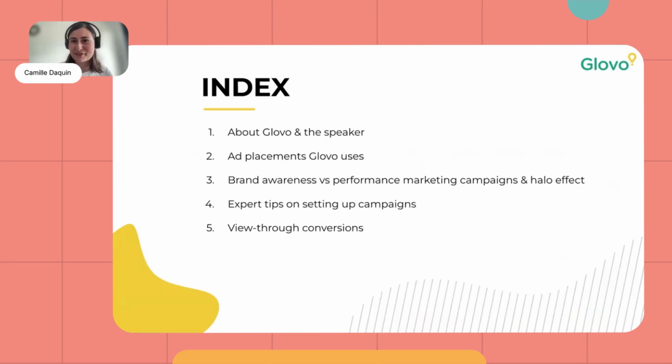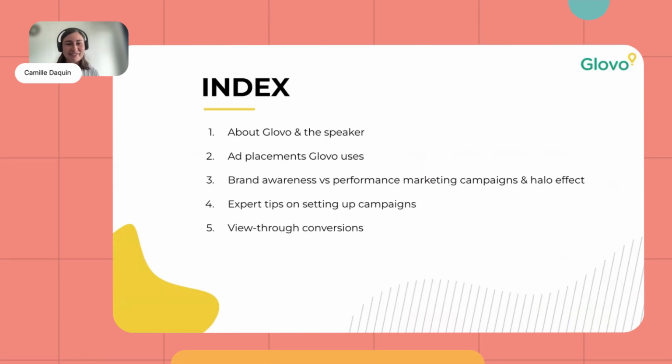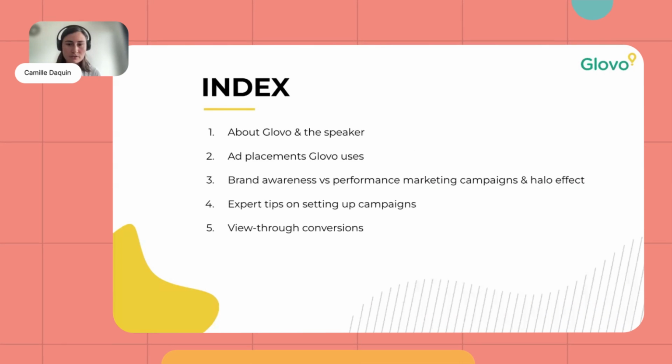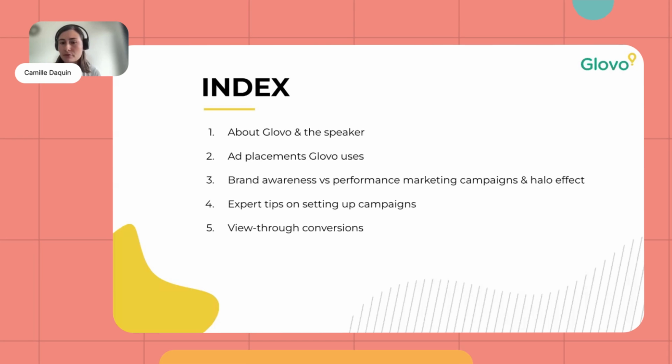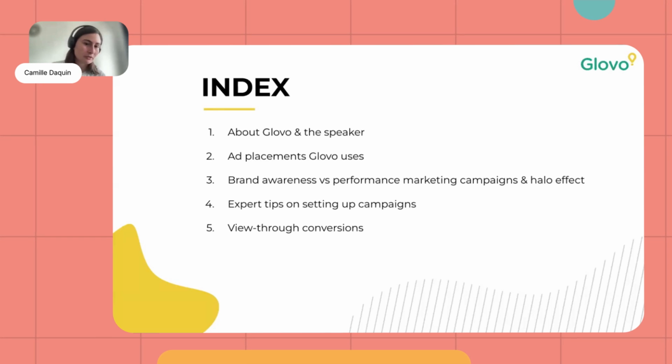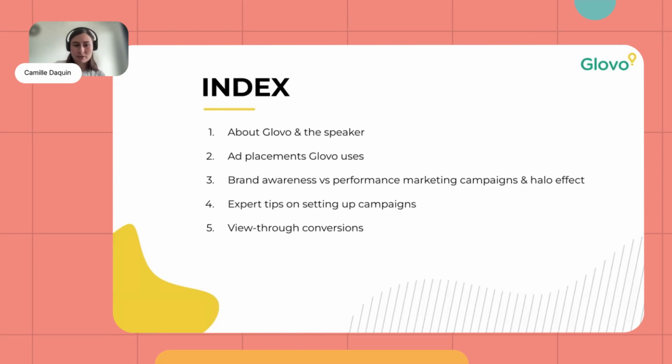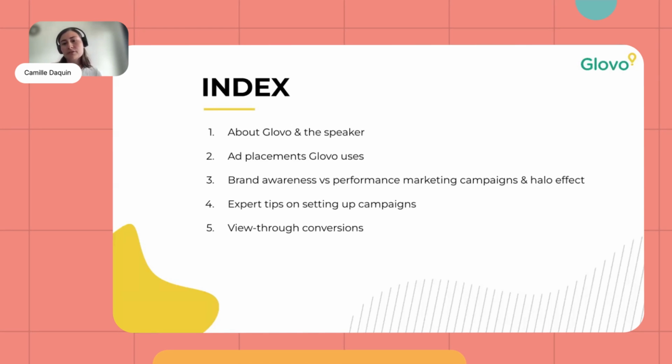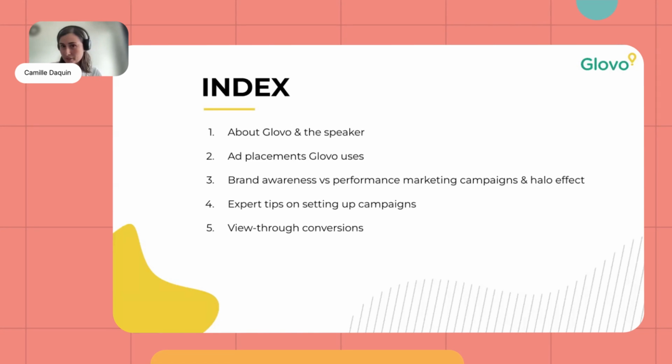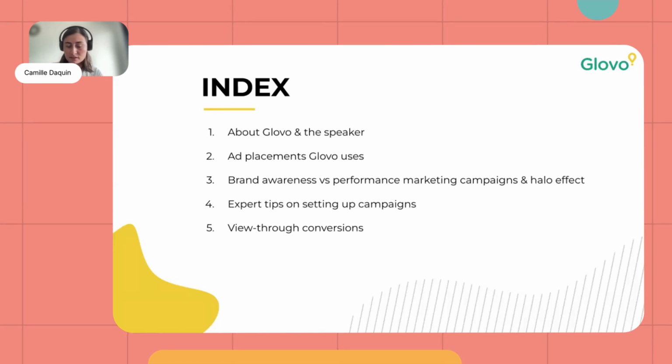First, just a quick intro about me and the company I work for, Glovo. Then we'll be reviewing the different placements that we use at Glovo at the moment. We are going to review some information and best practices on brand awareness versus performance marketing campaigns and their halo effects.